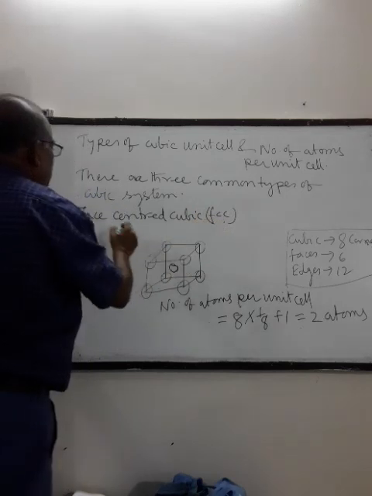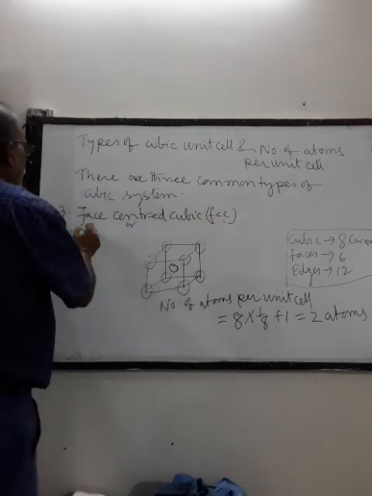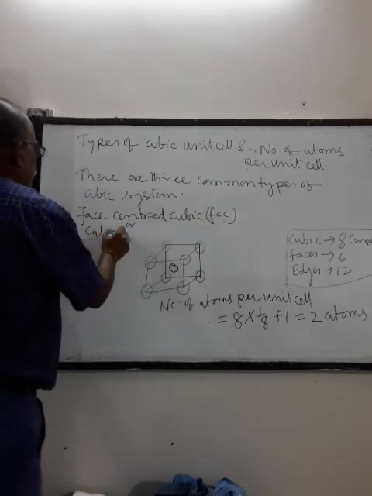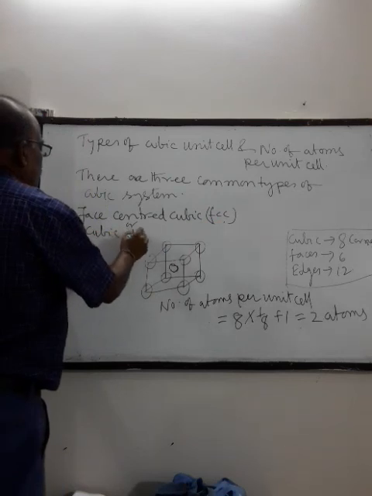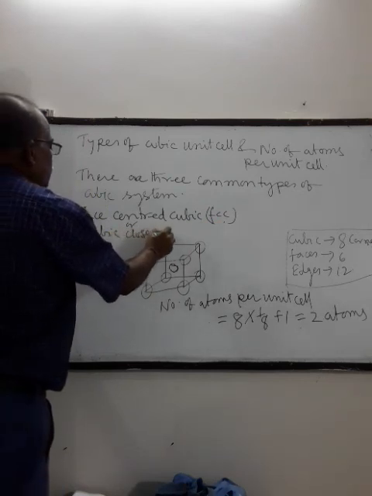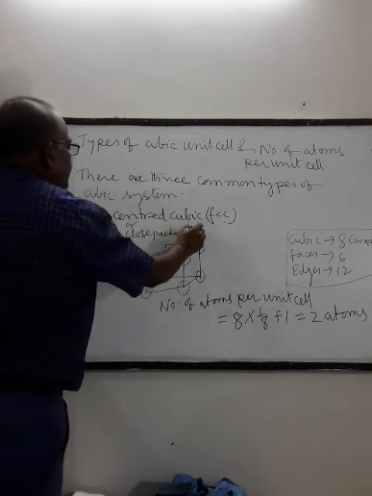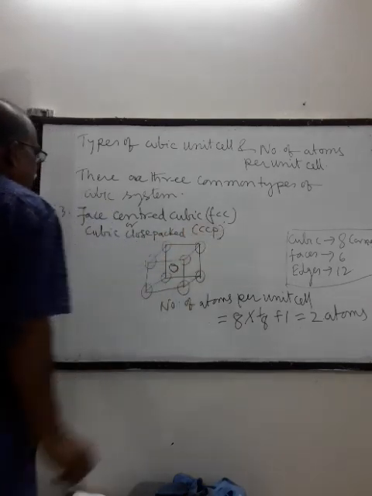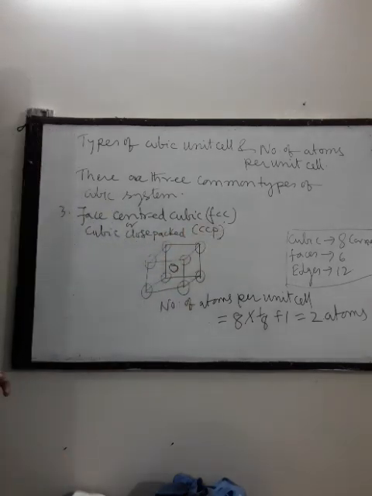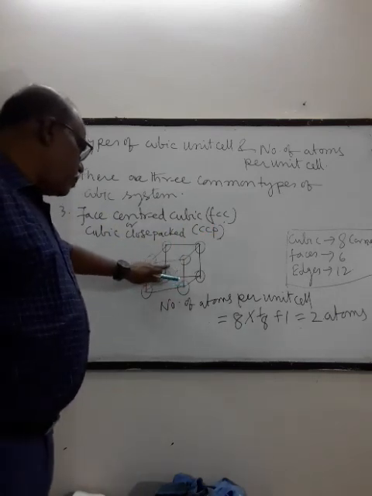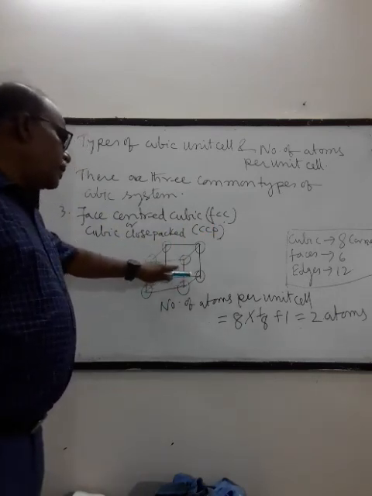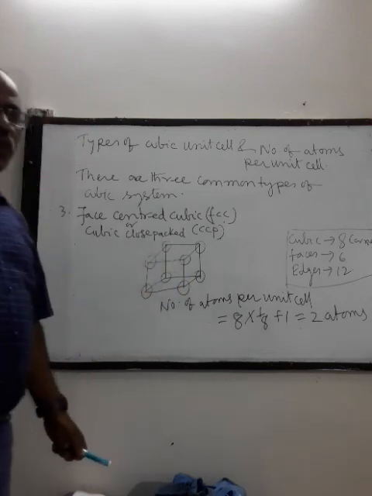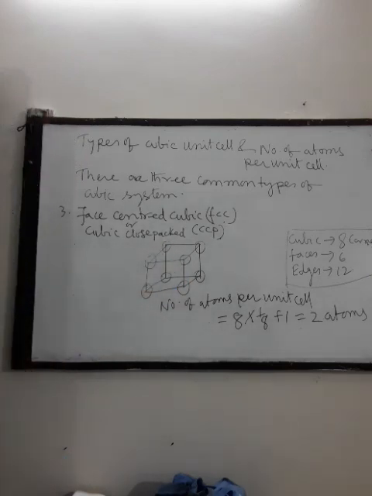Known as FCC, it is also known as cubic close packed, known as CCP. So FCC and CCP are the same. So in this case, like the previous two, 8 atoms are present at 8 corners and 6 atoms are present at the center of 6 faces.